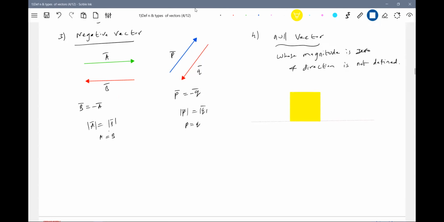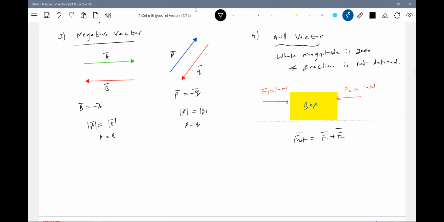Okay, there's some block or a box. I'll apply one force, 10 Newton. Then I'll apply a force here, 10 Newton. I applied this one. So then we know the net force will be 0, no? 10 minus 10, they're opposite to each other. The net force, we put it like this, F1 bar plus F2 bar.